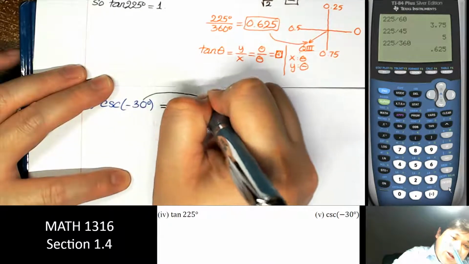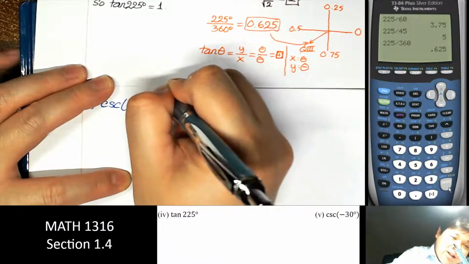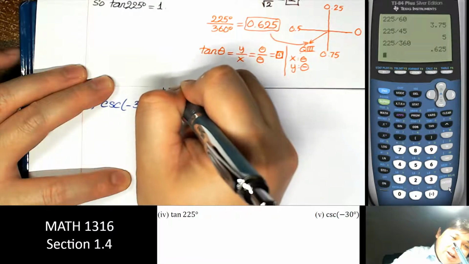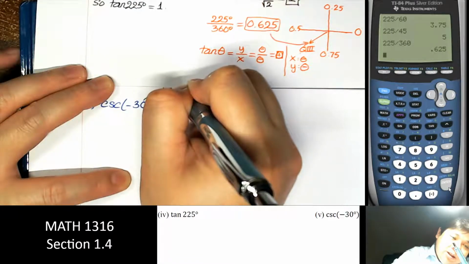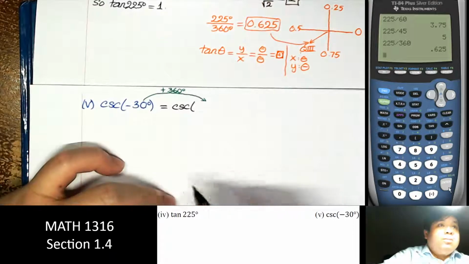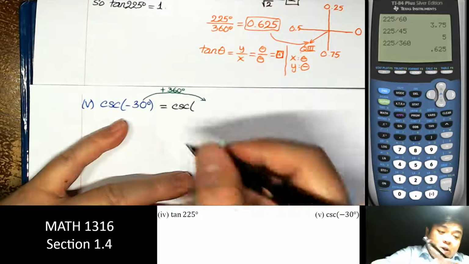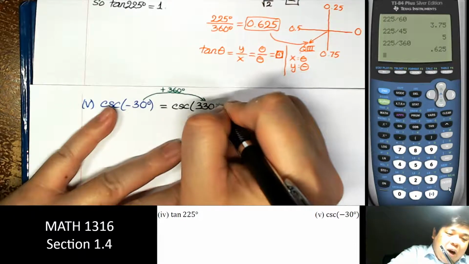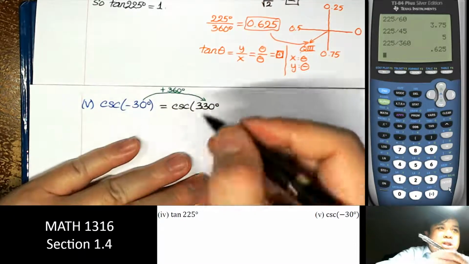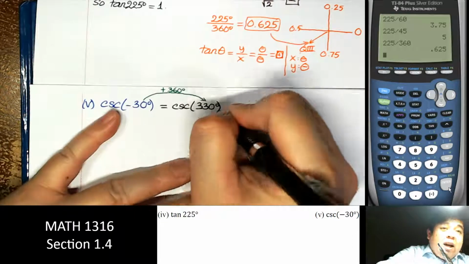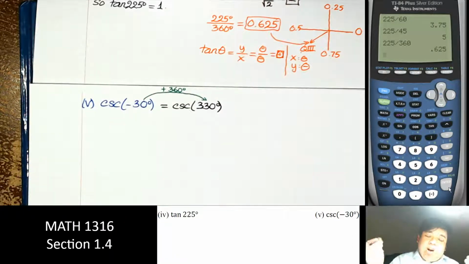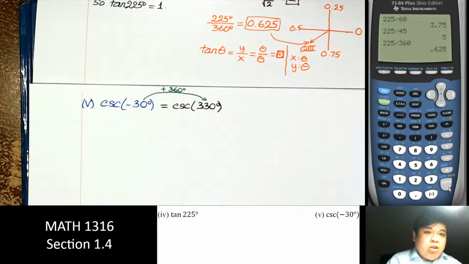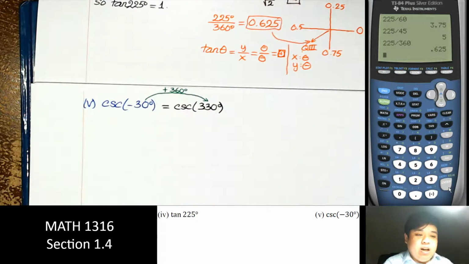If you add 360 degrees to it, that will be 330 degrees. I don't want to work with negative angles, so we can always do that. Now if 360 is not enough, add another 360 until it is positive. Right, 330 degrees. We work with 330 instead.